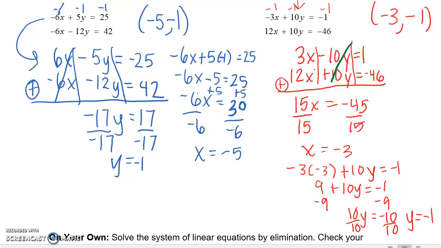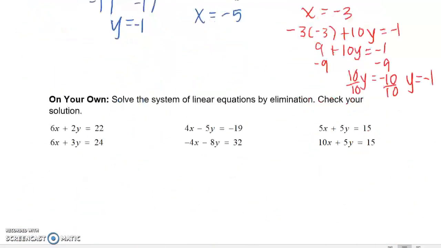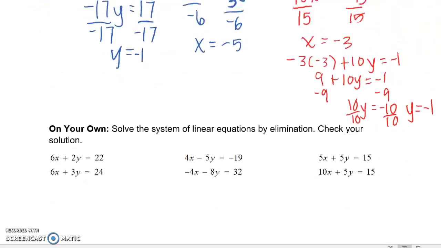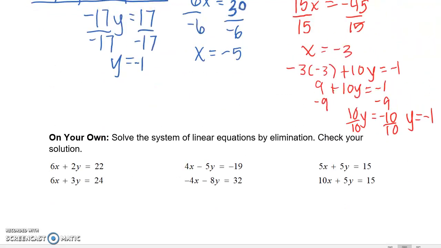Okay, you are going to try on your own questions. Look for numbers that will easily be changed into an opposite. And remember that when you multiply that equation, you multiply all three parts of it by your -1.